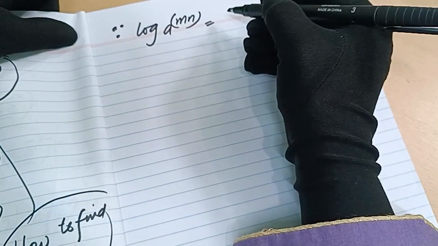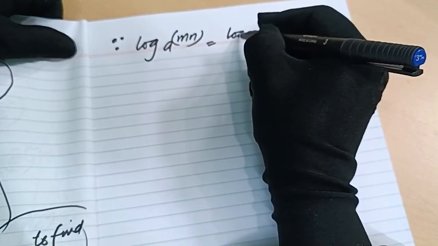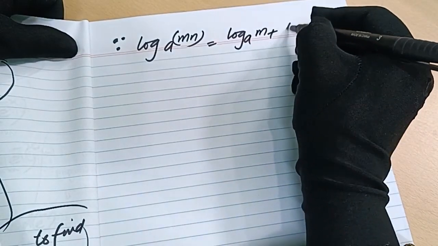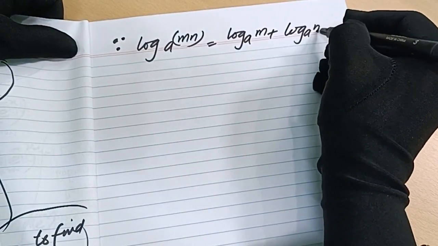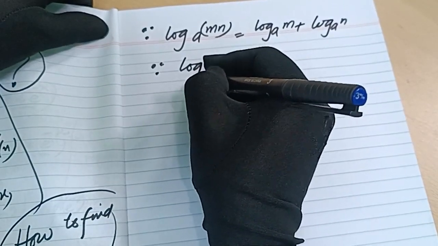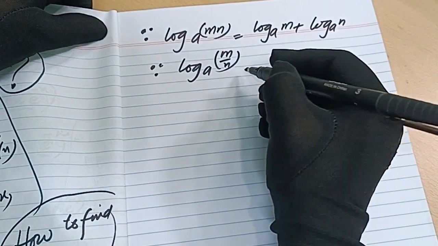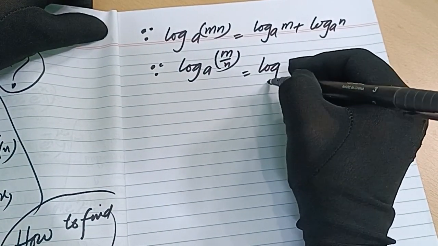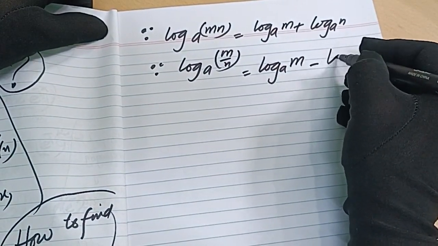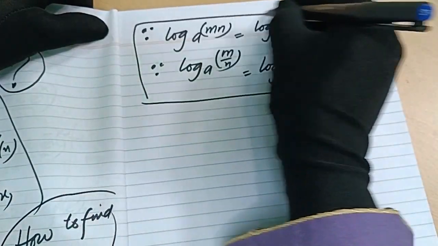Log to any base of a product mn equals log m plus log n to the same base. Similarly, log of a quotient m by n equals log m minus log n with the same base.